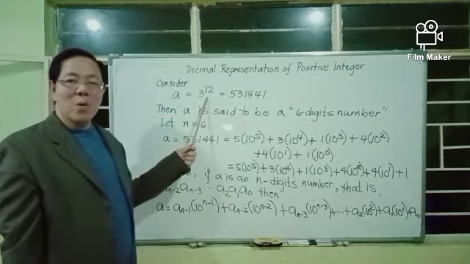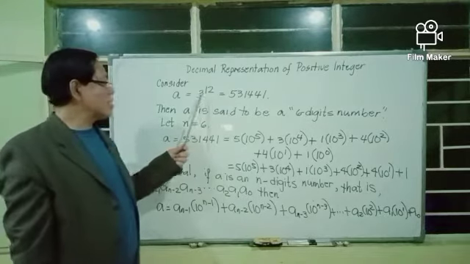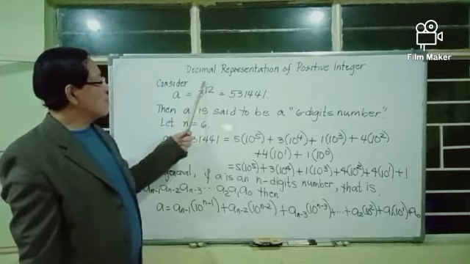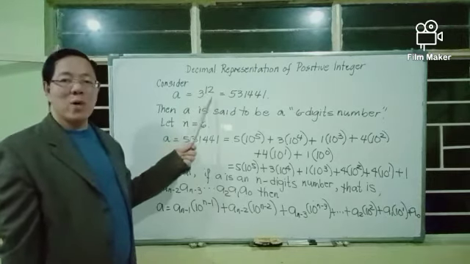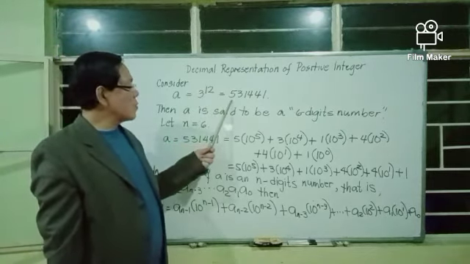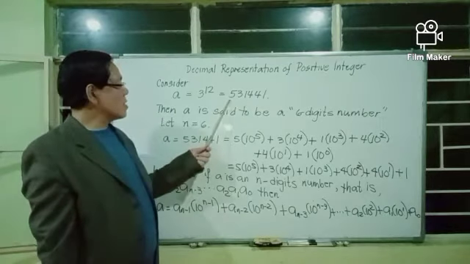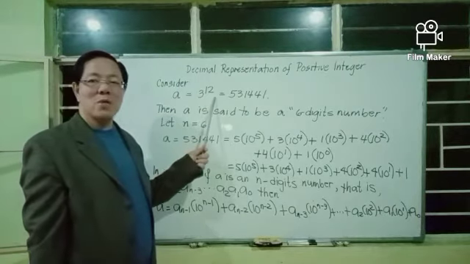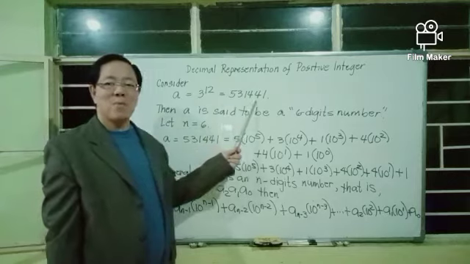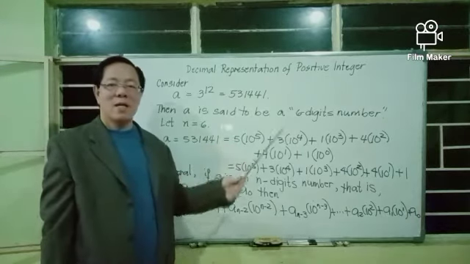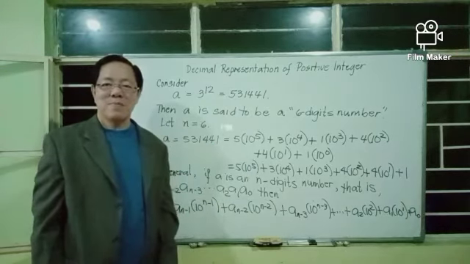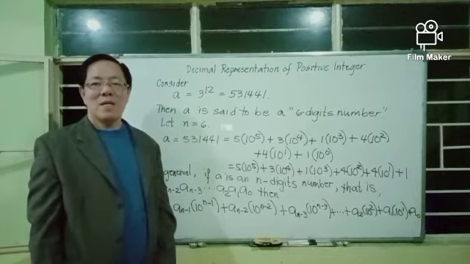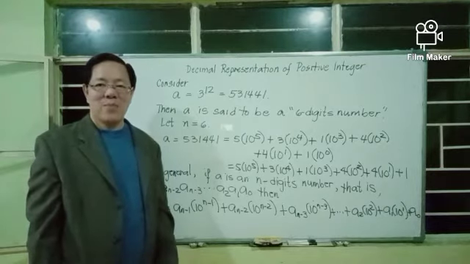If we are only interested in the number of digits in this positive integer 3 to the 12, we do not have to write the decimal representation of 3 to the power 12 in this form and count the number of digits. And that is our next topic, in our example.